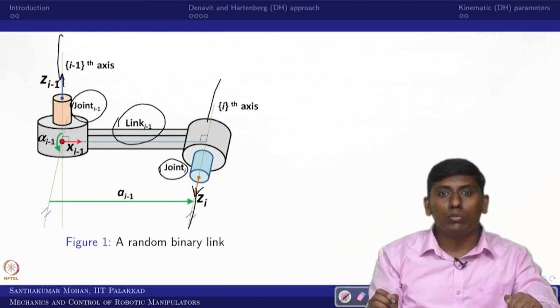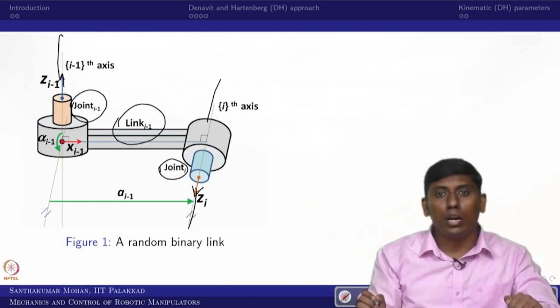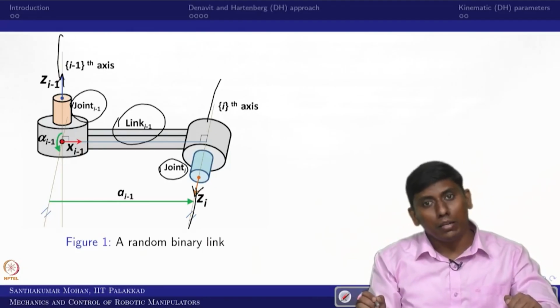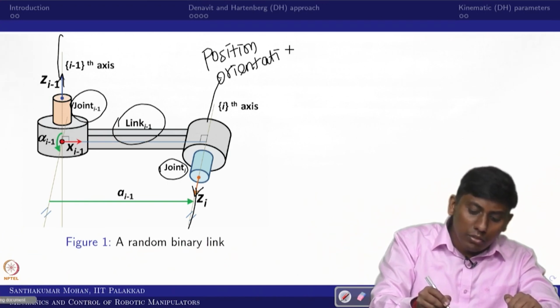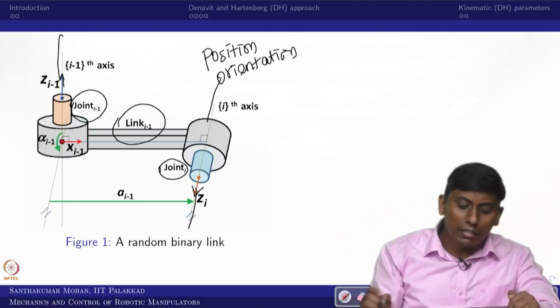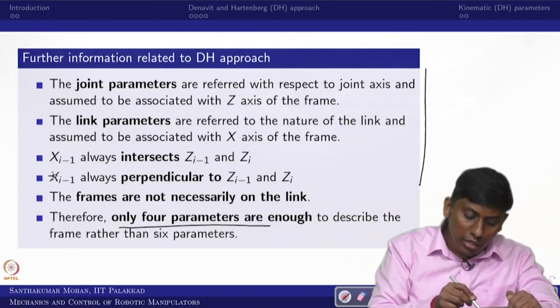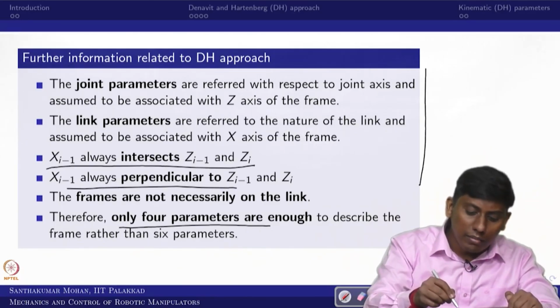Now what we are interested in is how these two joints are oriented and how far apart they are. In the sense, we are trying to find out the positional information and orientational information. Okay. In order to get that, we can take the previous slide information, which says xi always intersects or is perpendicular.